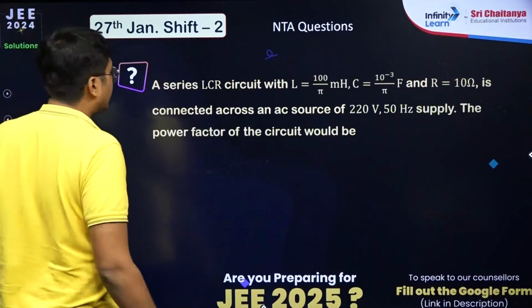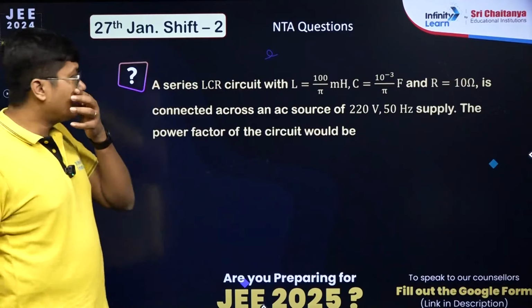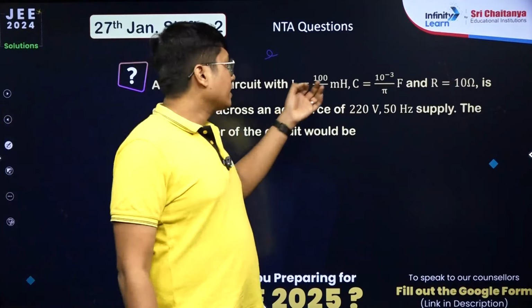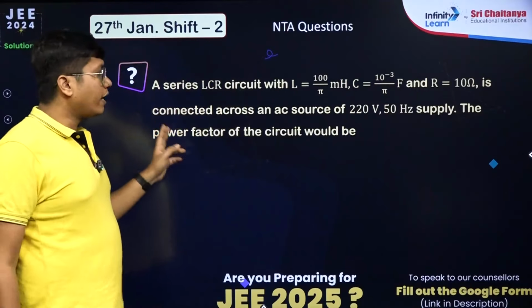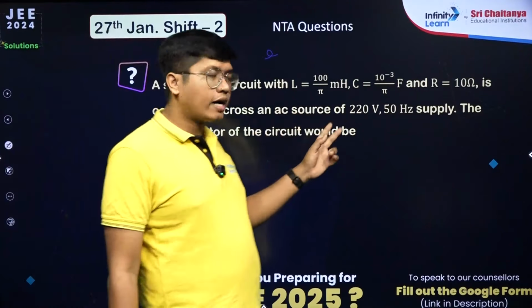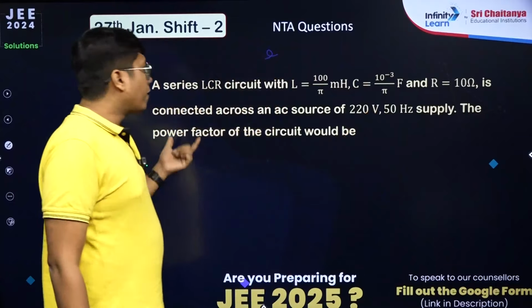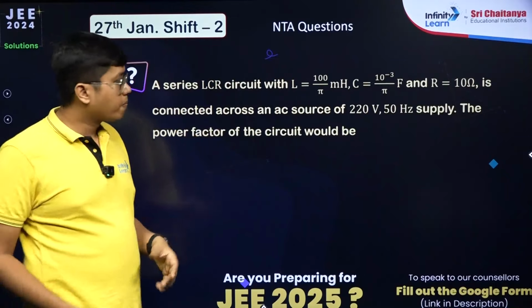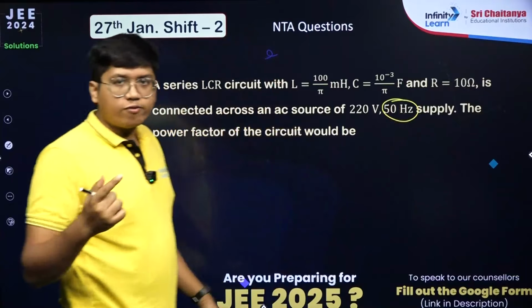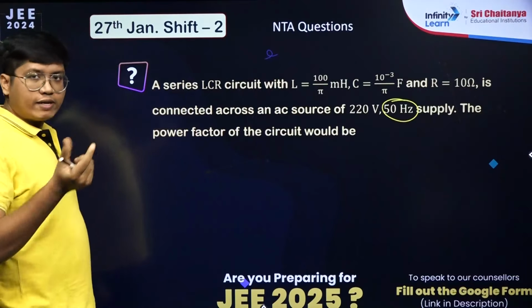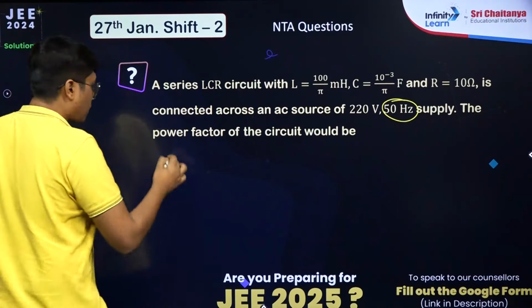Next one says a series LCR circuit with L equal to 100 pi millihenry, capacitance is this and resistance is 10 ohms, connected across an AC source of 220 volts 50 hertz supply. The power factor of the circuit is going to be what? So we have the frequency. First and foremost, let's try to find the inductive reactance and the capacitive reactance.